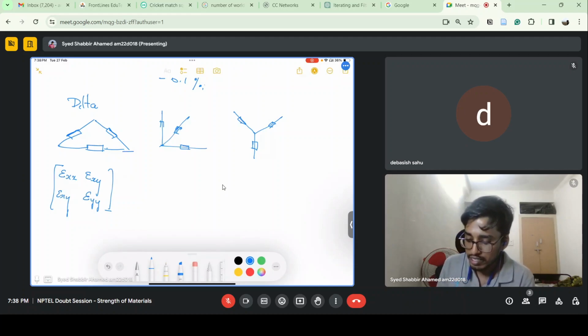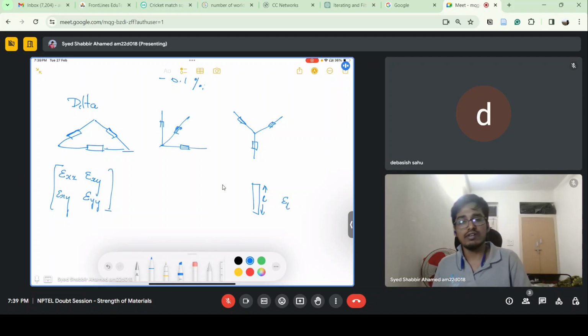So a normal strain gauge, when we use it, will only give us the axial strain along the length of the strain gauge. This is the length of the strain gauge, and this will give me strain along this length direction only.